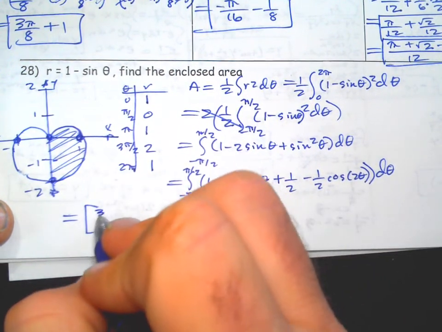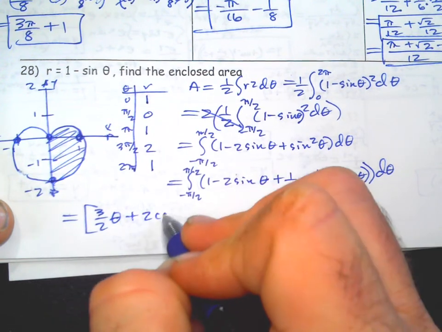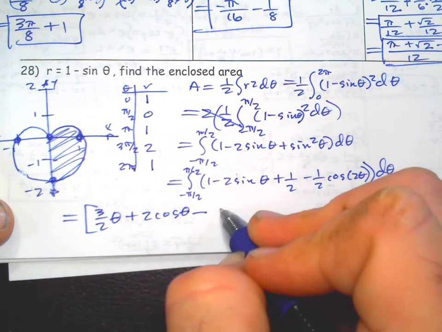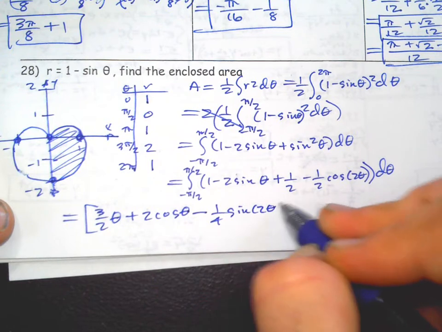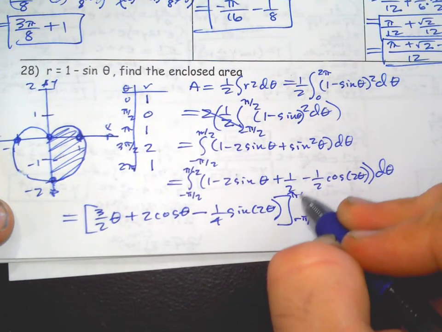So we get 3/2 theta plus 2 cosine theta minus 1/4 sine 2 theta. Okay.